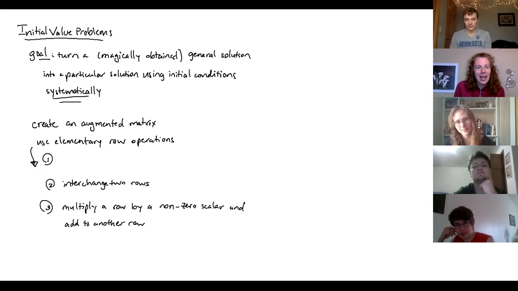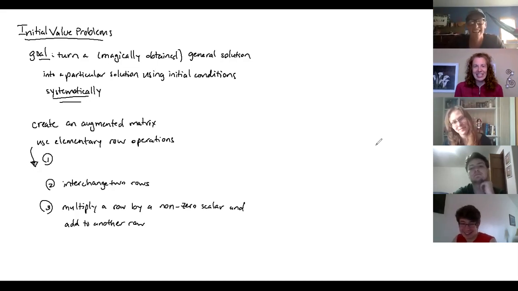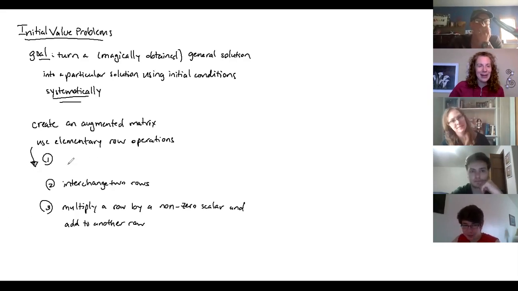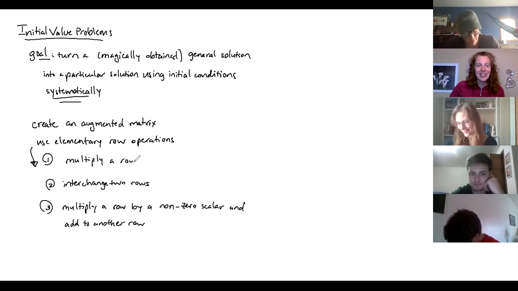Elementary row operation in the chat. Bethany. Was that just multiply by a non-zero scalar? Yes, thank you. Multiply a row by a non-zero scalar.